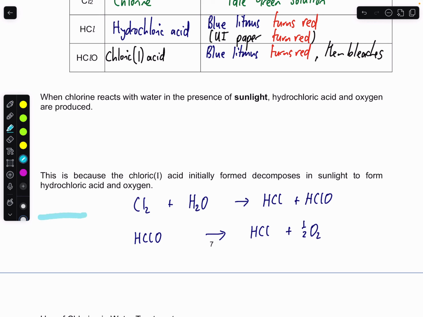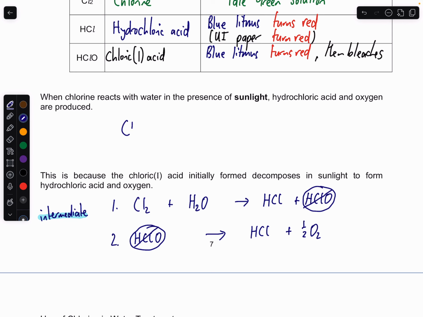So, if you've come across the word intermediate, what happens is the chloric 1 acid is produced in step 1 with cold water, but then in sunlight it reacts or decomposes to form hydrochloric acid and oxygen.